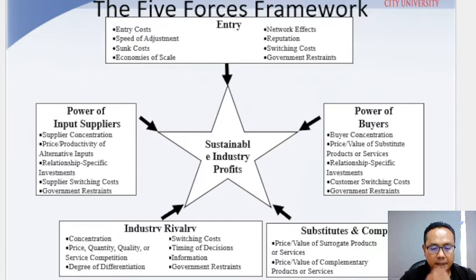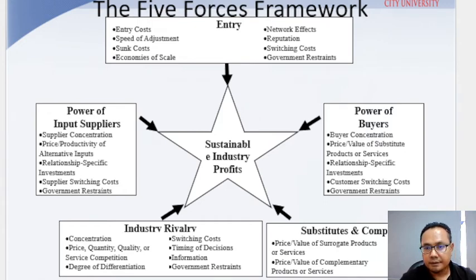You can see from there, new entry can heighten the competition and can reduce the margin of existing firms. So for this reason, the ability of existing firms to sustain profit depends on how big the barrier to entry is, which affects the ease with which other firms can enter the industry.